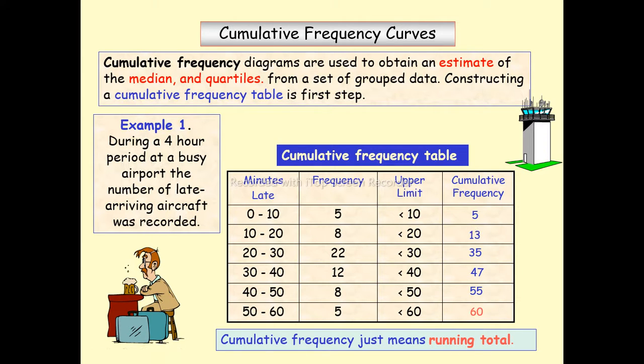Now, would you ever have to find the upper limit? Here they give us the upper limit, and the upper limit is very easy because it's just the upper bound. Each class goes from a lower bound to an upper bound, and when they say upper limit, they just mean these numbers.